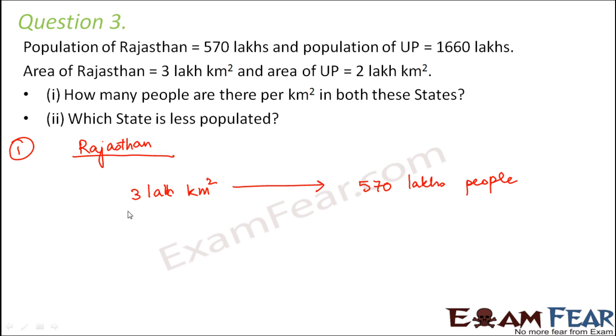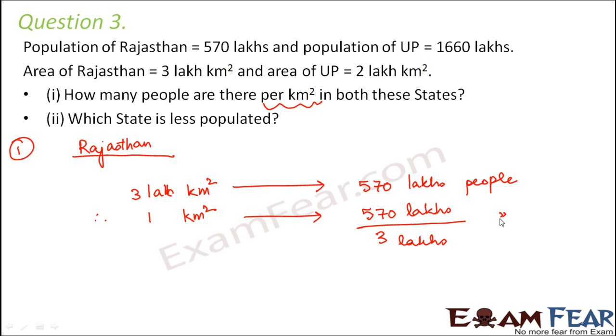Now we have to find out 1 kilometer square, that is 1 unit. Per kilometer square, how many people reside? In 1 kilometer square, the number of people that would reside would be 570 lakhs divided by 3 lakhs. This would be equal to 190 people. So these many people would reside per kilometer square in Rajasthan. So this was about Rajasthan.